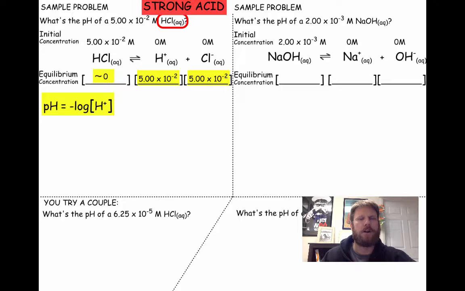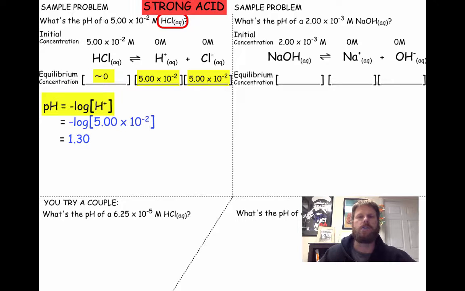But we only really care about the concentration of H+ when determining the pH. So for a strong acid, if you want to know the pH, just take the negative log of the concentration. The negative log of 5.0 times 10 to the negative second is 1.30.